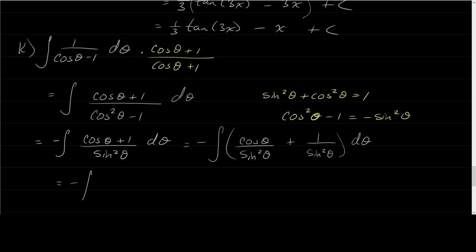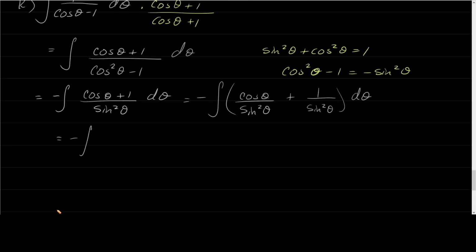We end up with the negative integral of, well, cosine over sine squared. Cosine theta over sine squared theta can be written as cosine theta over sine theta times 1 over sine theta. And then we still have a plus 1 over sine squared. Well, 1 over sine squared can be written as cosecant squared theta.